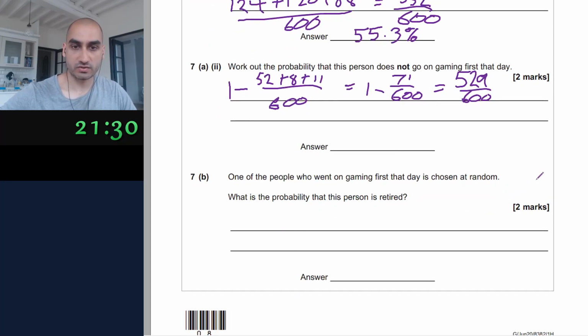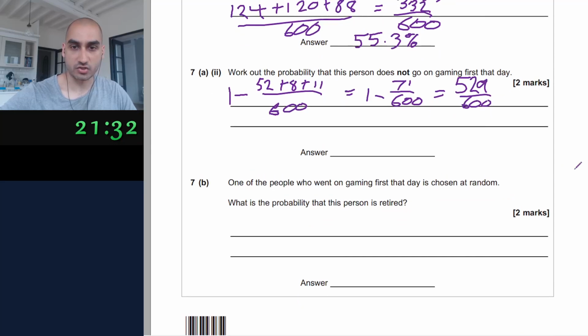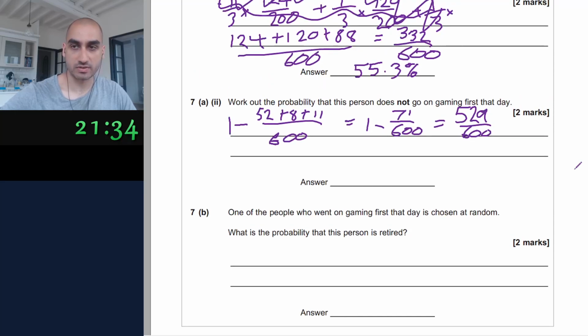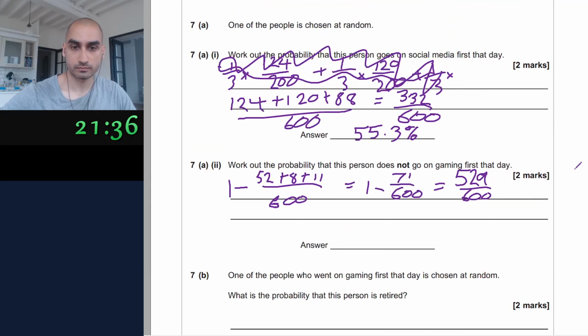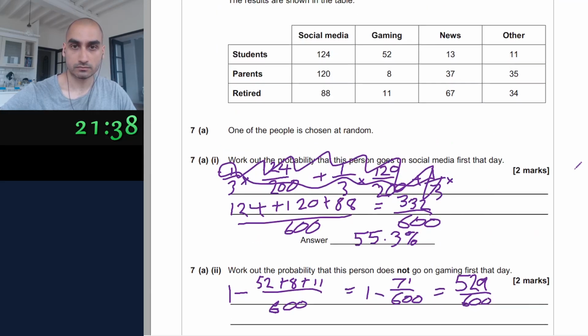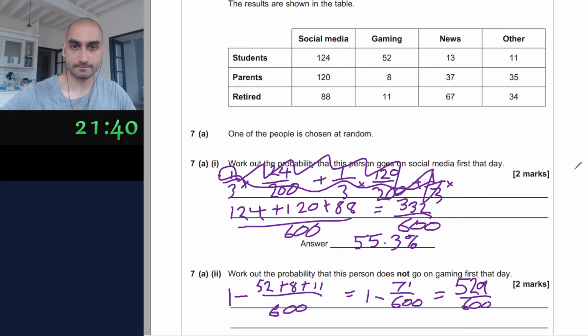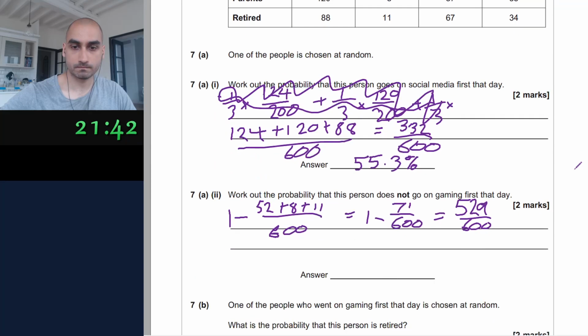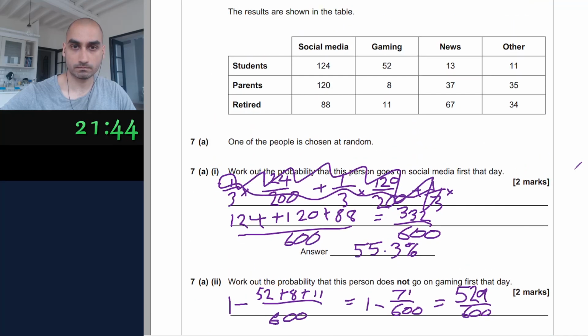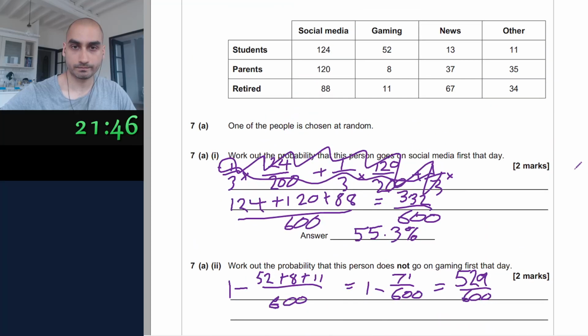One of the people who went on gaming first that day is chosen at random. What is the probability that this person is retired? So it would be 11 out of this column, basically.